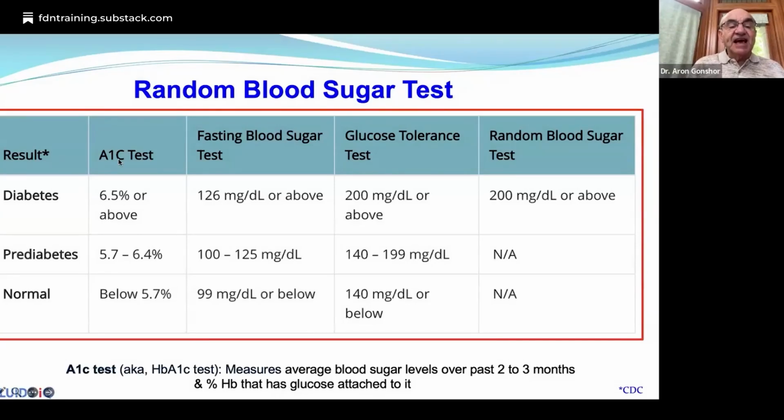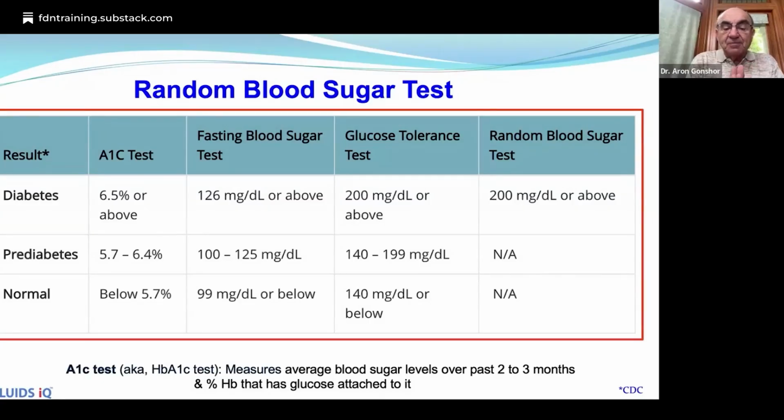And you will see that the A1C, which is the classic test today, or what's known as hemoglobin A1C, measures, for those of you who want to be reminded again, the average blood sugar level over a period of the last 2 or 3 months prior to taking that test.